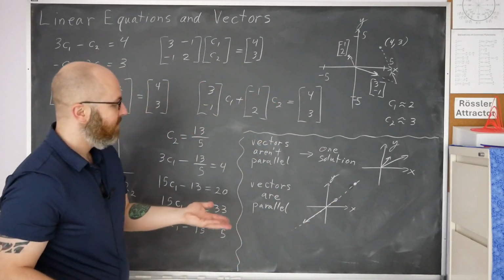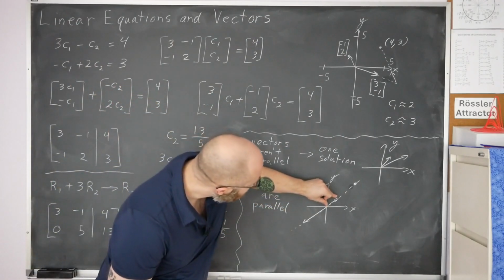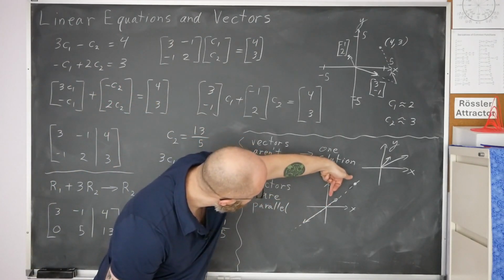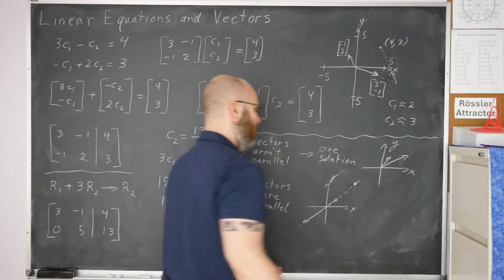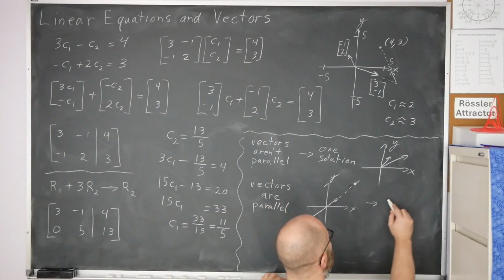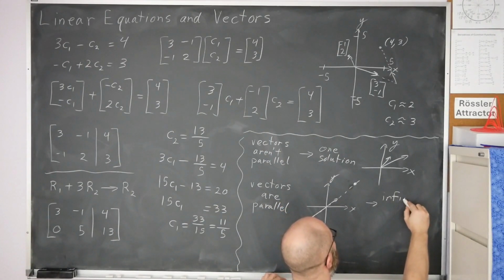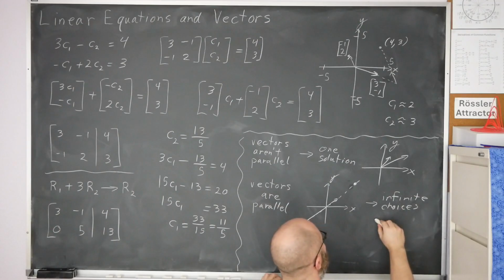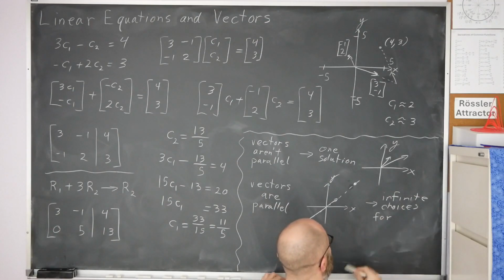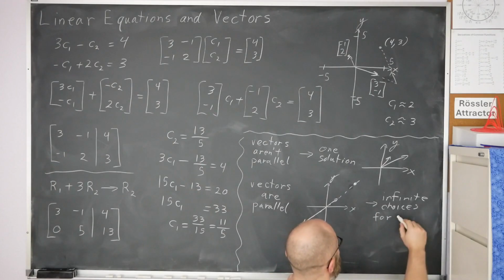Or I could add them together and, let's see, if I did one of these and maybe -1 of these, I might be able to get to that point. So there's infinite solutions. Infinite choices for adding vectors, for getting a solution.